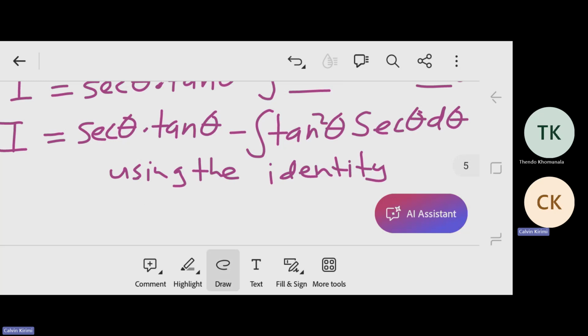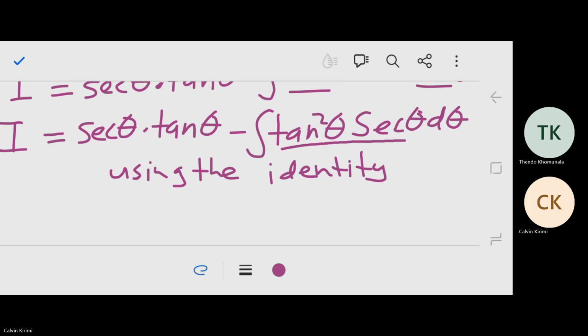We want to separate these two so that we can integrate them differently. Like this, we can't integrate. So the idea of introducing tan is that we want to separate, because tan is a negative. So we use that identity of tan to separate them so that we can integrate. So let's use the identity of tan.